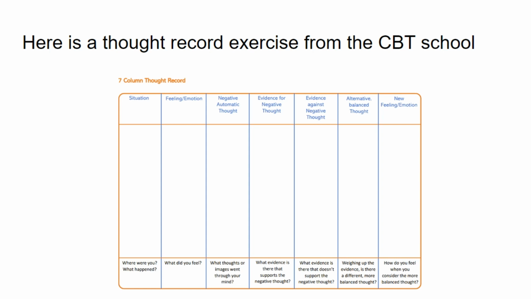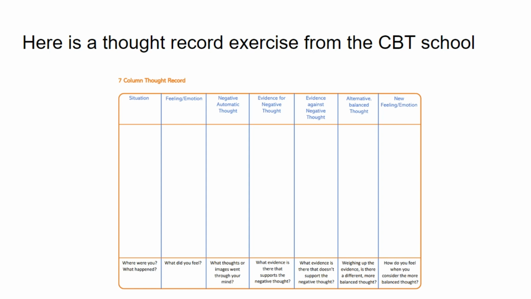Basically, in the end, what is possible to do is formulate the new balanced thought regarding the situation and a new feeling and emotion regarding the situation, concluded from the alternative balanced thought. For example, if before it was an extremely negative emotion, then from the more balanced thought, there's less negative emotion, or maybe even a neutral feeling or emotion is formulated as an outcome of the situation.